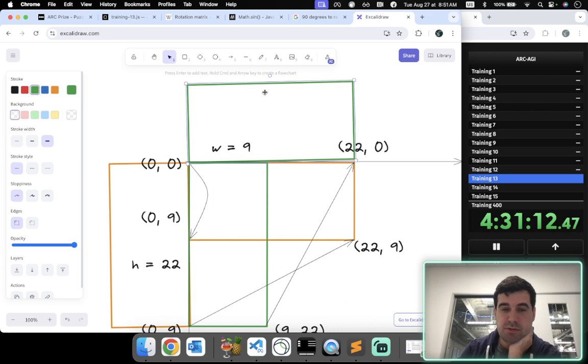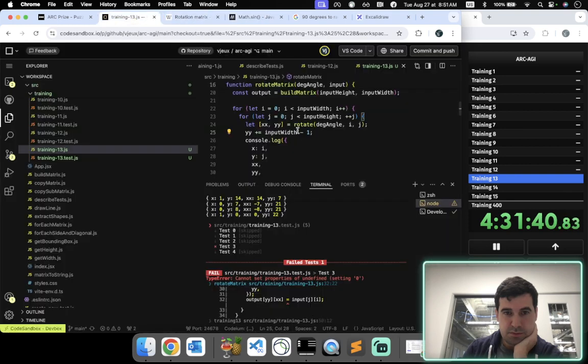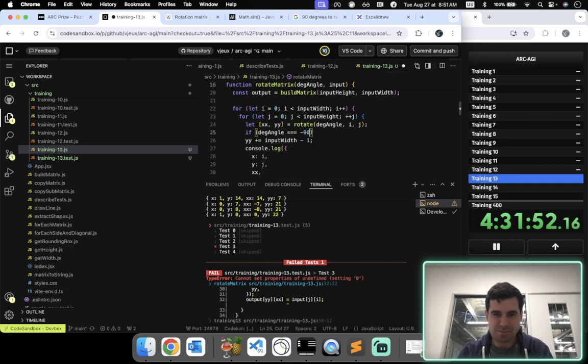Now what if I rotate 1, 1? So if I rotate 1, 1 to 90 degrees, it's going to be like this. I mean, diag angle equals minus 90.